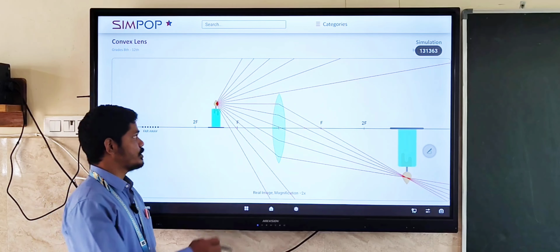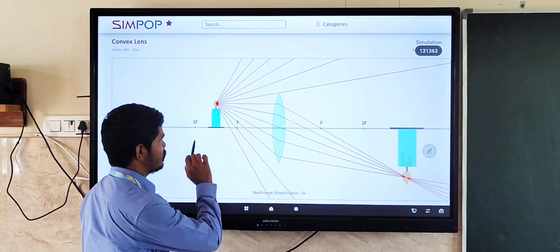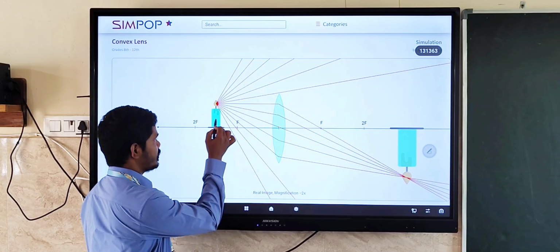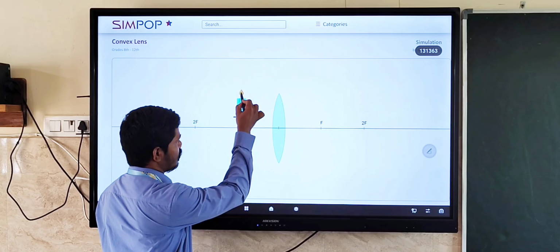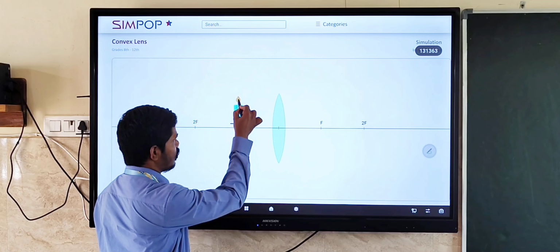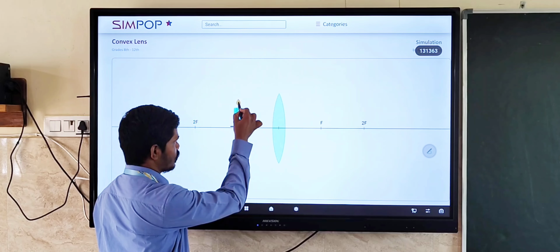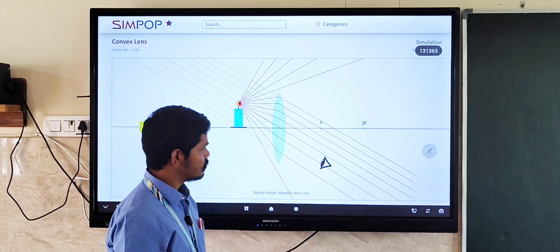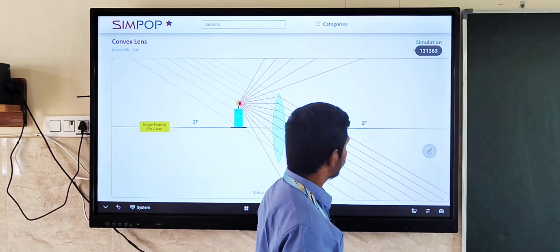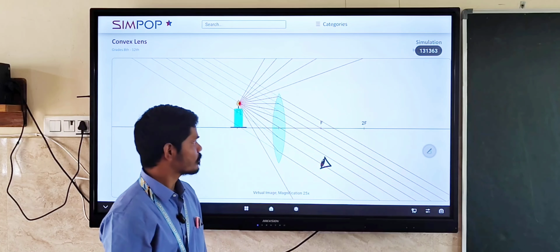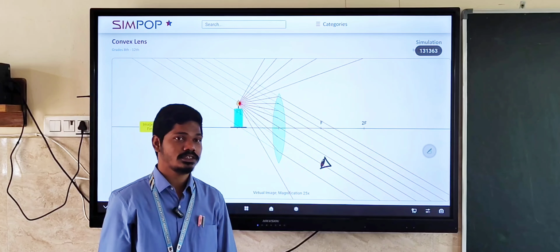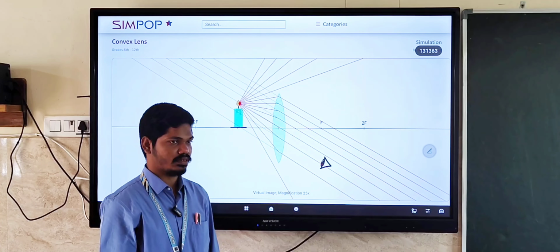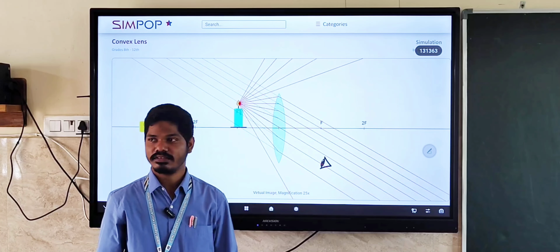Next, I am changing the position of the object from this place to the focus. Let us see what happens. If I keep the object at focus, observe, I am unable to find the image position. Why? Because, anybody?